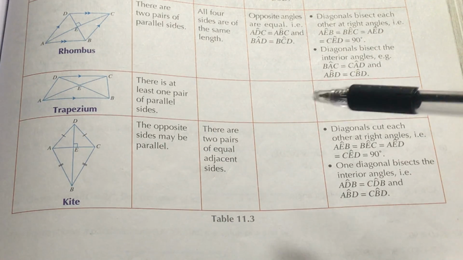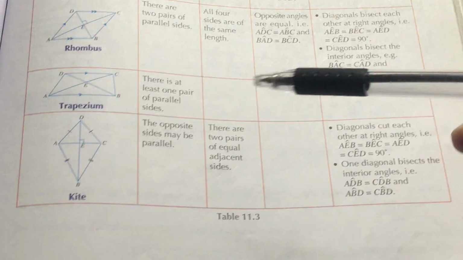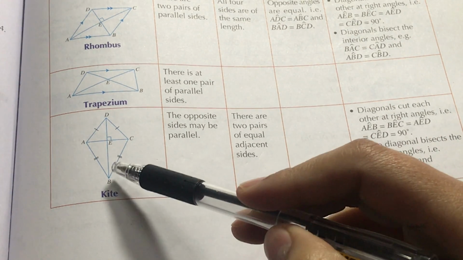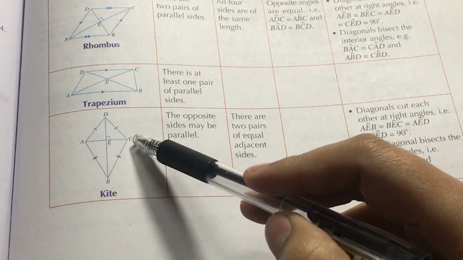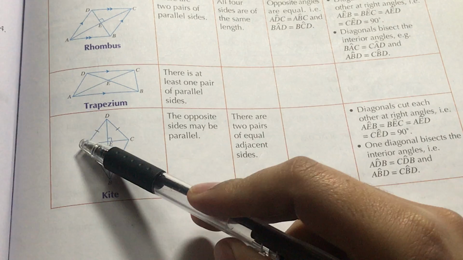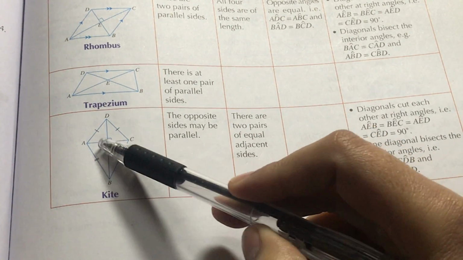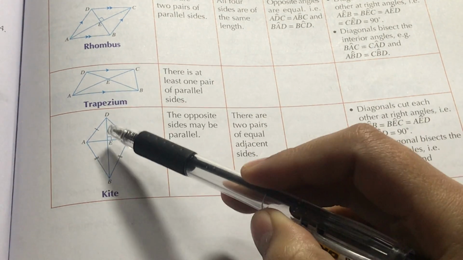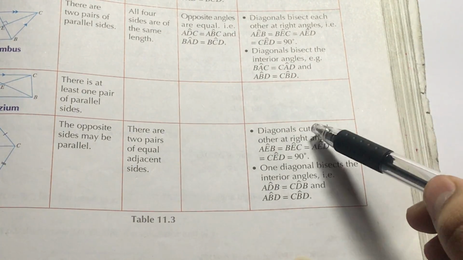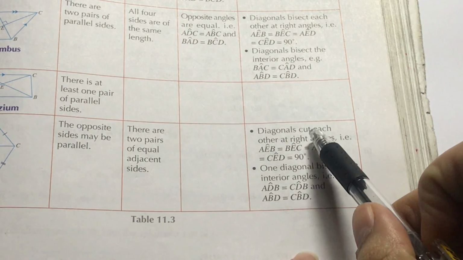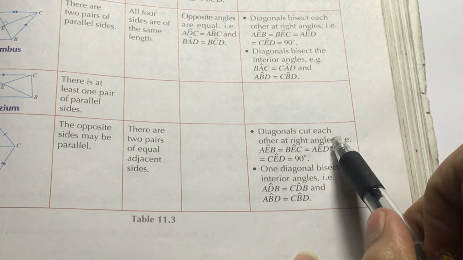We have no specific rule for the interior angles. You can see the diagonal that is joining your opposite vertices A and C. So that is the first diagonal, and B and D is the second diagonal. So the property of the diagonals is that diagonals cut each other at right angles, not bisect.